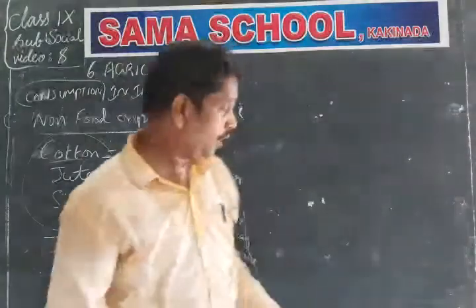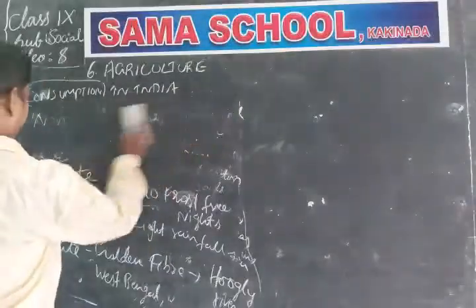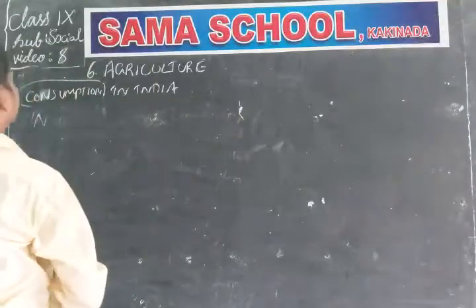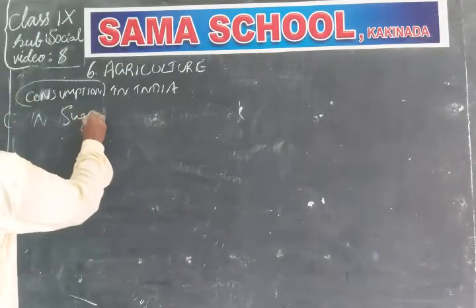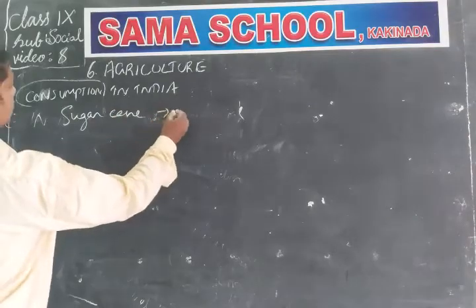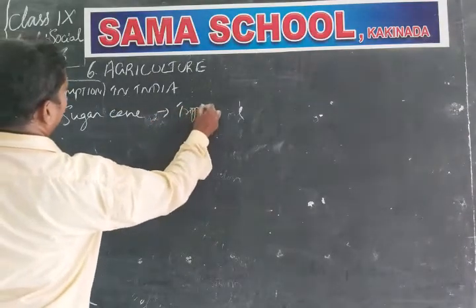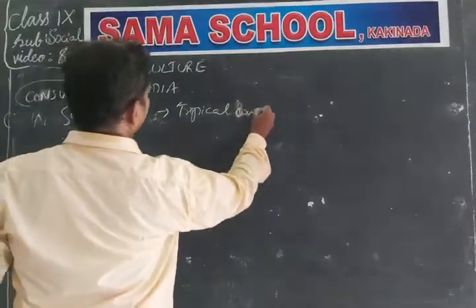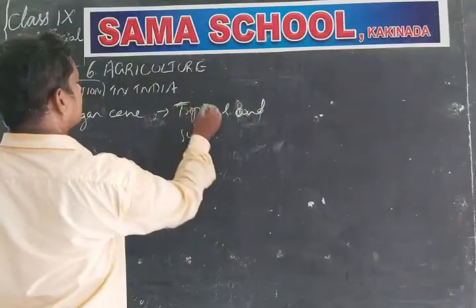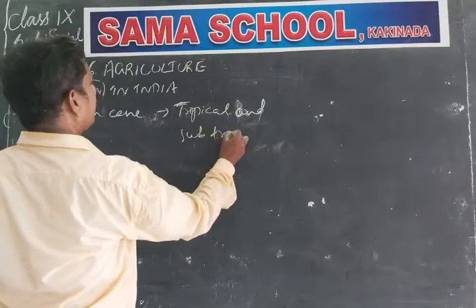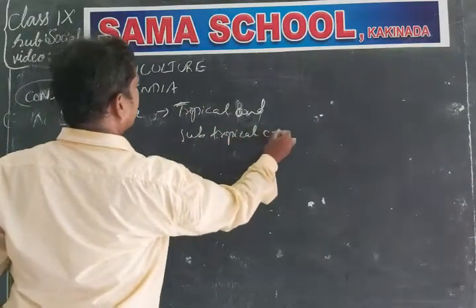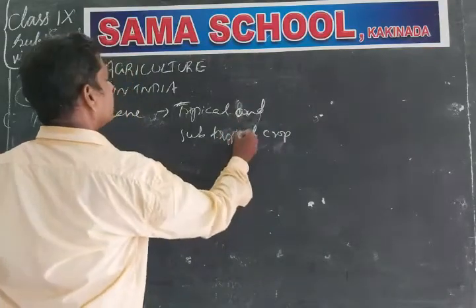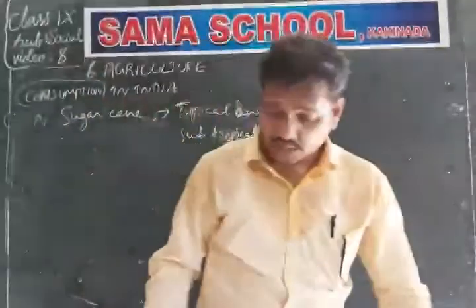The next important crop is sugarcane. Sugarcane is an important crop, both tropical and subtropical crop it is. Okay, children.